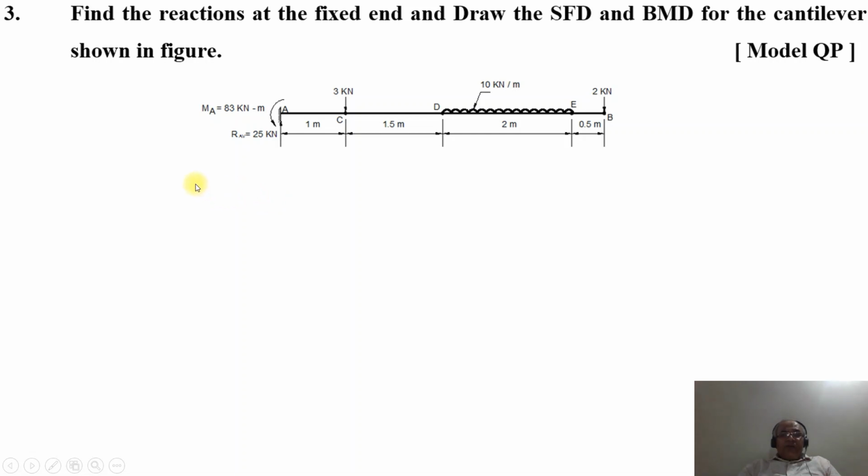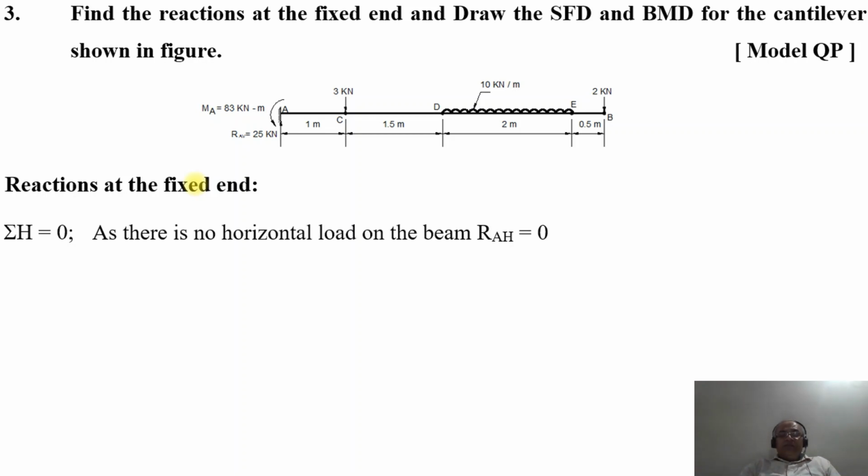So now first we will take up the reactions at the fixed end. As there is no horizontal load acting on the beam, the sum of the horizontal loads, sigma H, will be equal to 0. Therefore RAH will be equal to 0.